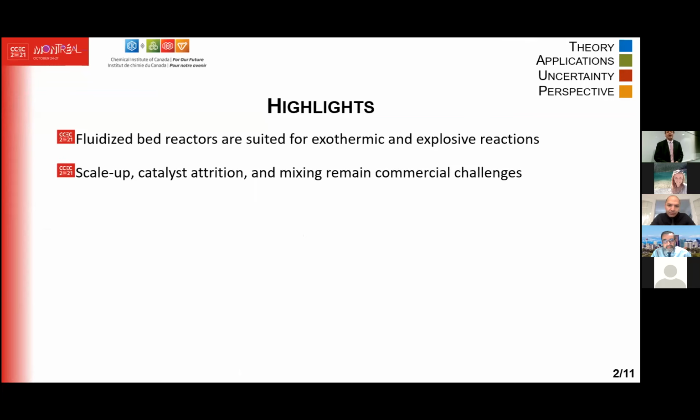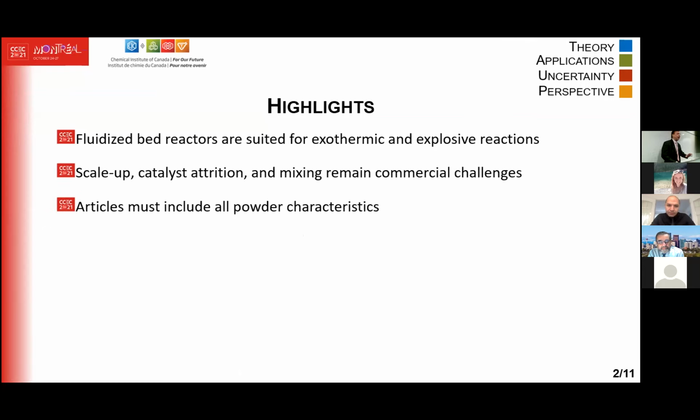The difficulties and challenges with fluidized beds are scale up, attrition, and commercial challenges. What's interesting is fluidized beds are used when fixed beds don't work, so it's usually very difficult chemistry, and that's sometimes why it has a bad reputation. But it's only doing the typical stuff.